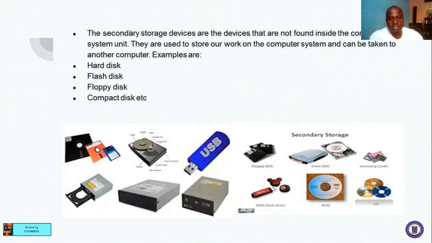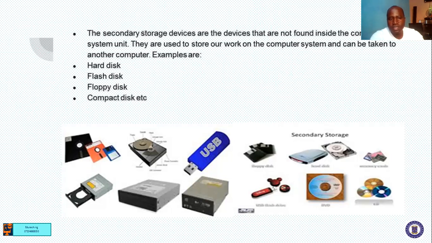The flash disk is the one with the USB logo on it. It is written on it, USB, that is the flash disk. Then we have the hard disk, the one that is open, it has a drive. The hard disk has a drive. They fix it inside the drive, but here they open it and label some parts. Then we have the floppy disks that are flat and square in shape.